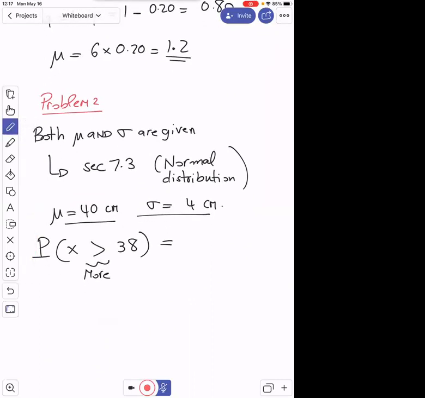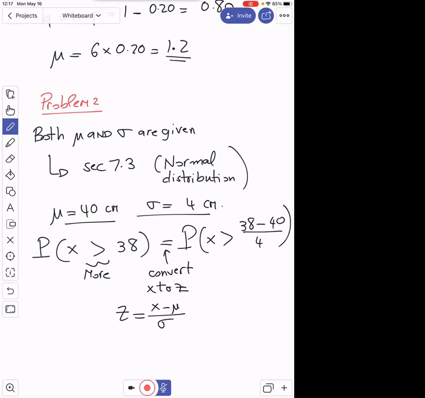So what we do here is convert x to z. Just to remind you the formula, z is x minus mu over sigma. So it's 38 minus 40 over 4. Sorry, this is z, of course.